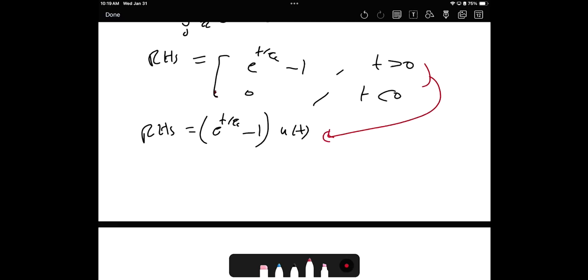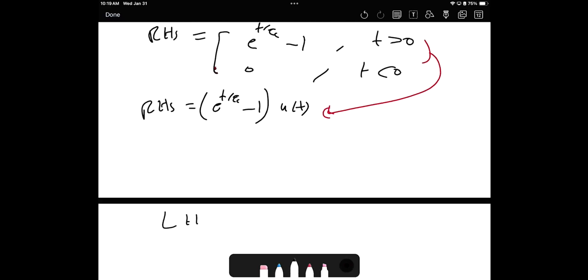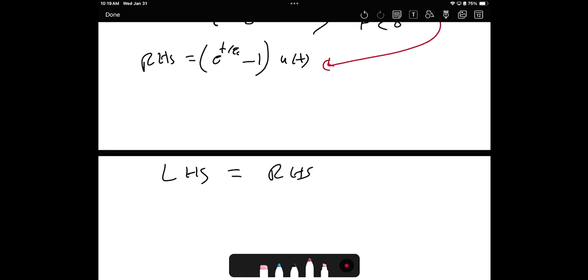Then as a result, the left hand side equals the right hand side, which is y step of t e power t over tau c equals e power t over tau c minus 1 u of t.